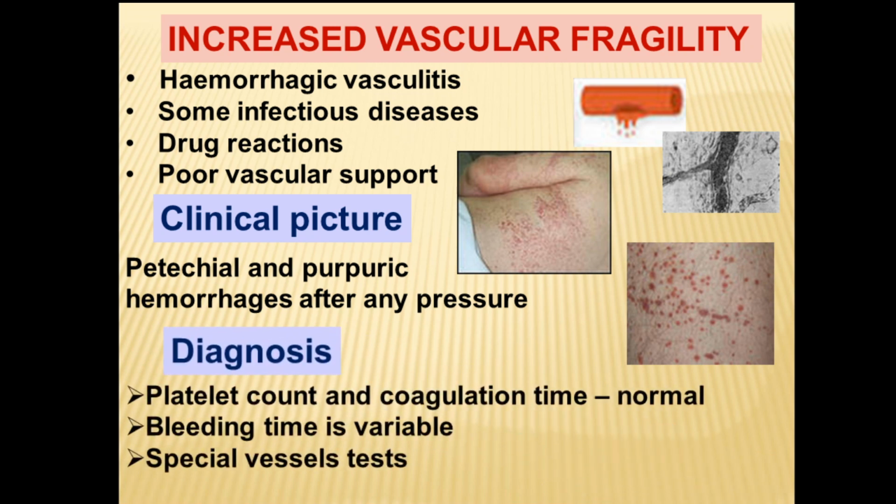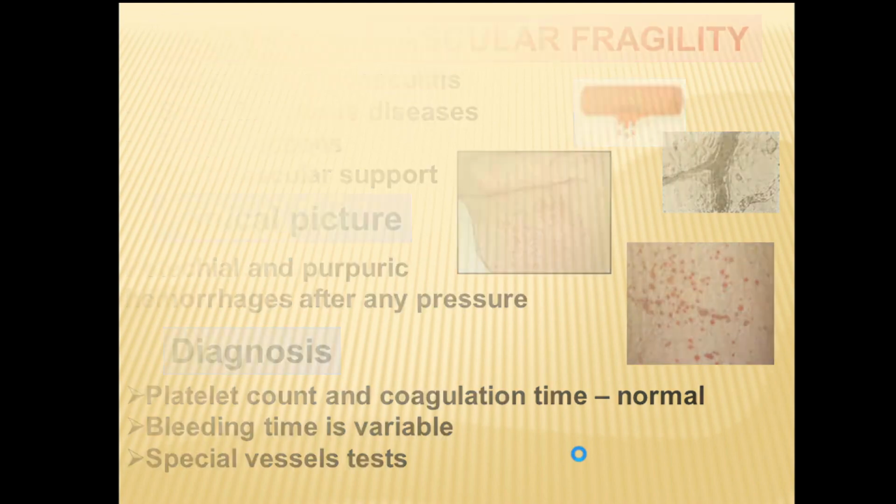For diagnosis, we'll use a specific vessel test which shows its increased fragility and explains the predisposition of the patient to hemorrhage.